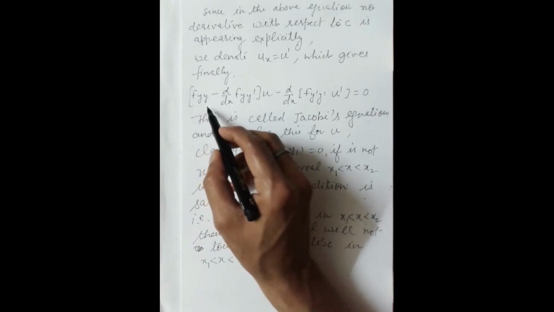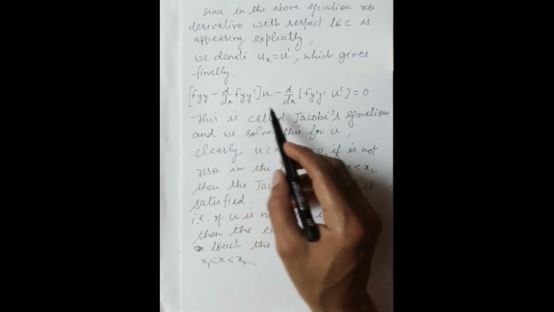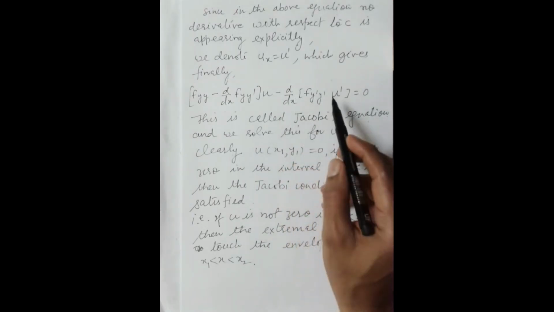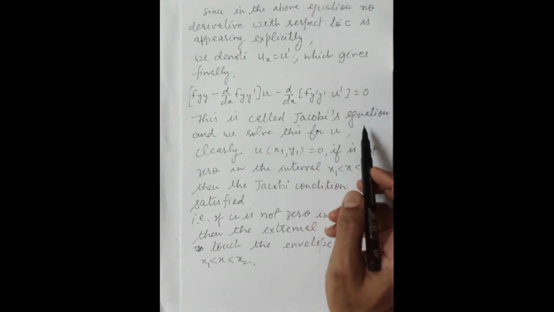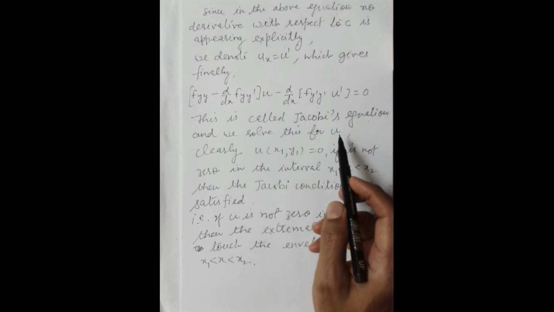Since no derivative with respect to c is appearing explicitly, we denote ux equal to u'. Then we have finally (Fyy minus d/dx of Fyy') u minus d/dx of (Fy'y' u') equal to 0. This is called Jacobi's equation, and we solve this equation for u.